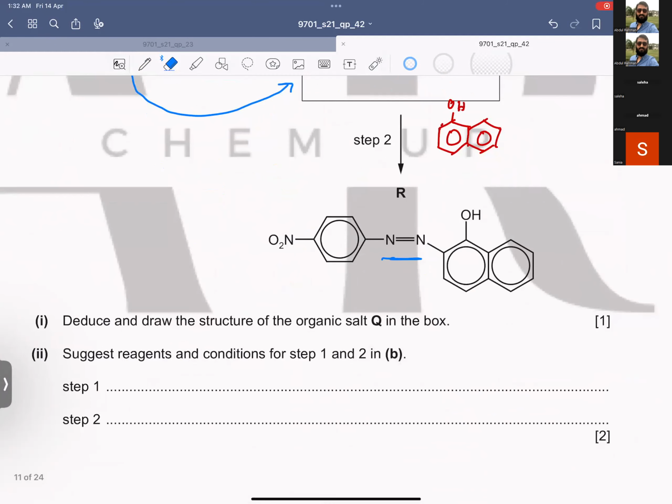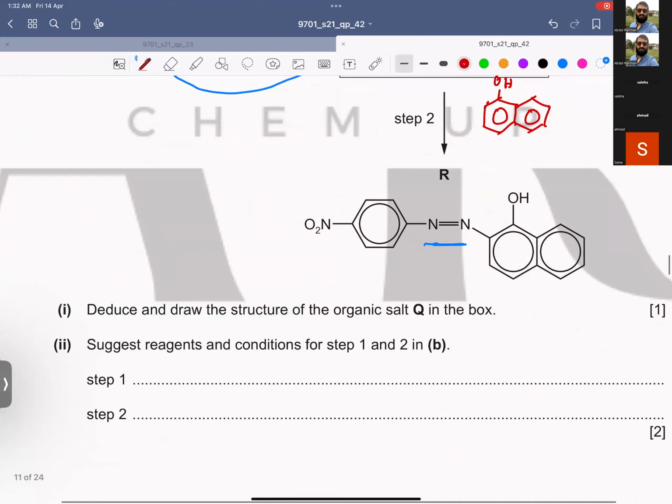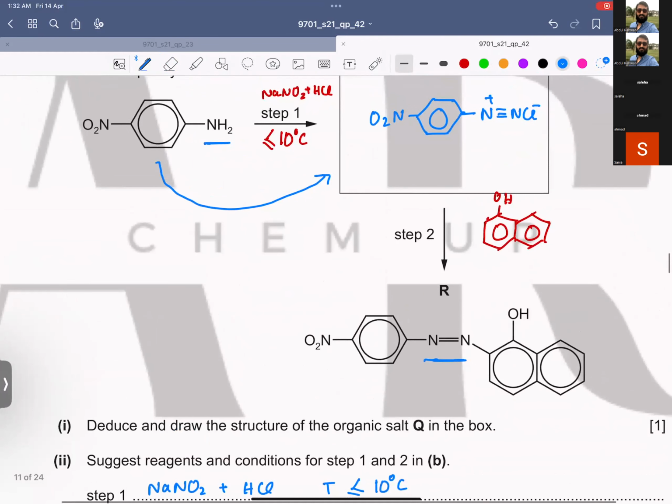Suggest the reagent and conditions in step 1 and step 2. For step 1, the reagent is NaNO2 plus HCl, and temperature conditions are below or equal to 10 degrees Celsius. Here we have a salt, so we have to remove the chloride from here, and for that we need an alkaline medium.